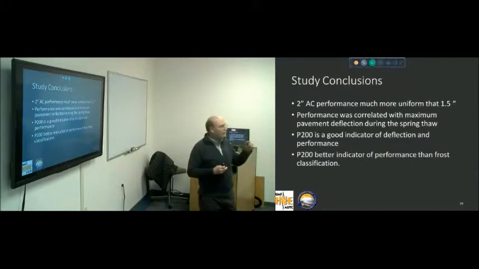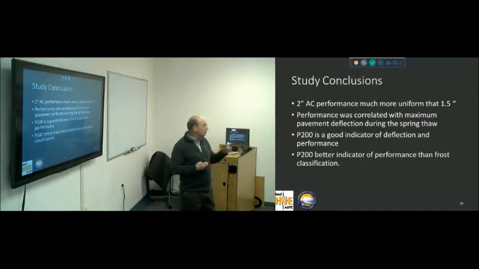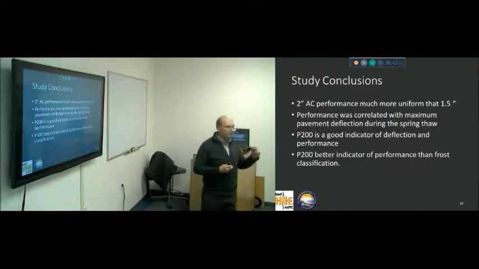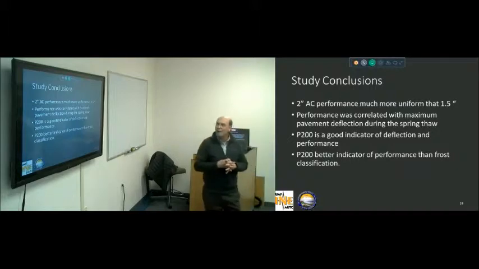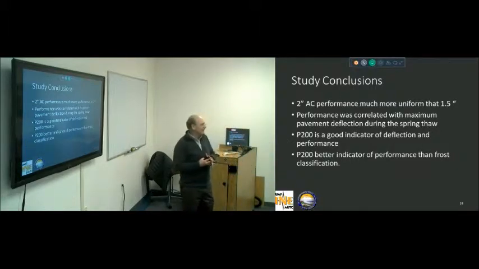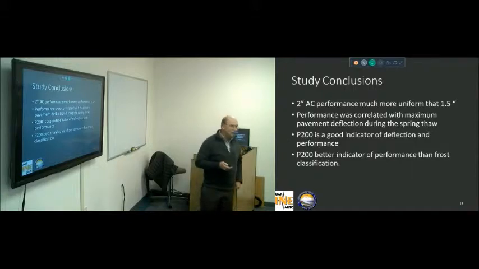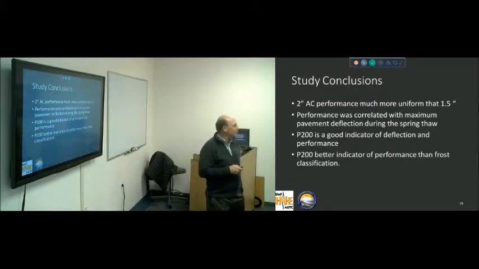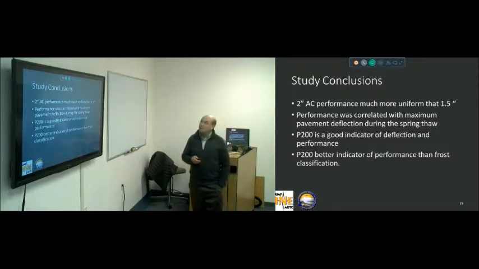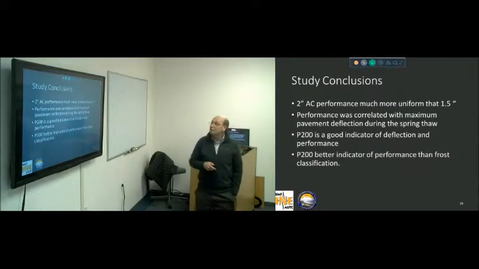But one thing we also found out later was that every inch of asphalt that you put on, within the range Alaska normally uses, will double the life of the pavement in fatigue. I don't know how many times I've run that analysis and keep coming out with the same answer. So if you want to double your life, just add an inch of asphalt and you'll be right on. And from a life cycle cost standpoint, that may be a good thing for you to do. That's something that you as a designer have to figure out.